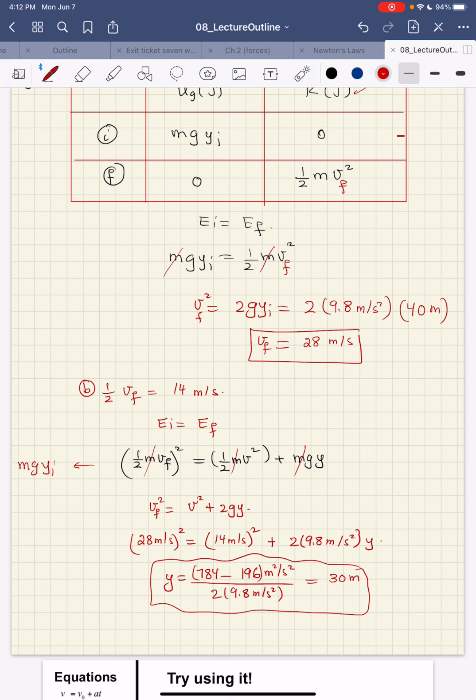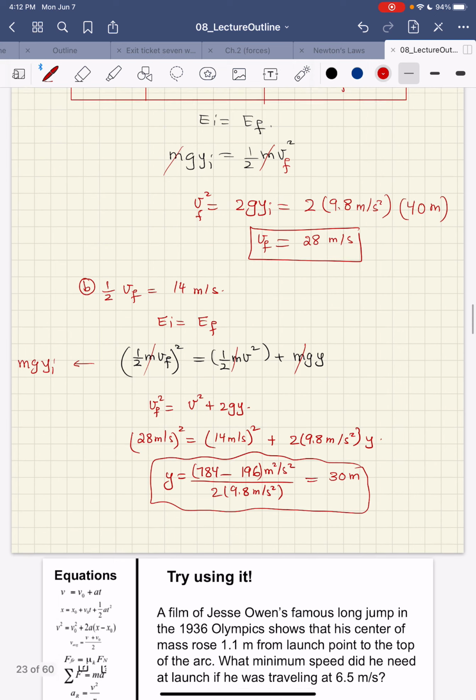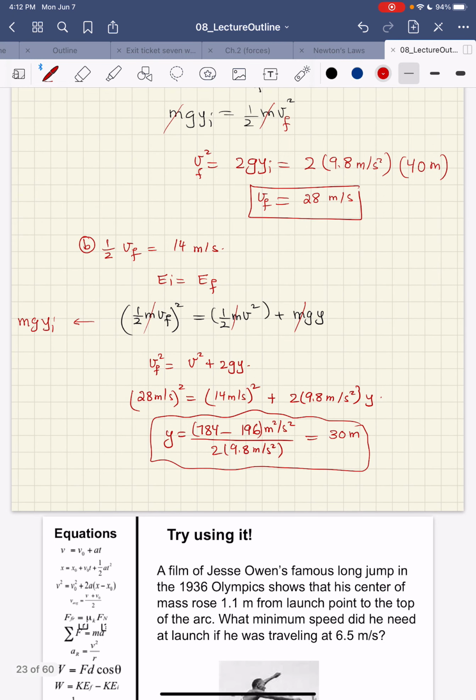Then I will be able to calculate that this y is at 30 meters, where my object is going to have a speed of half of the initial speed.